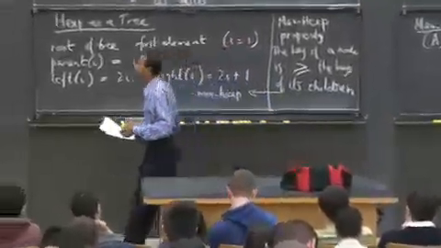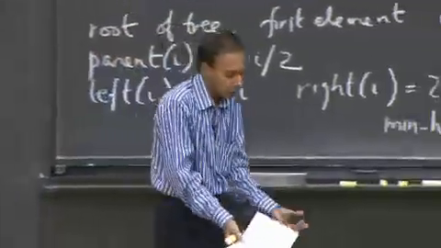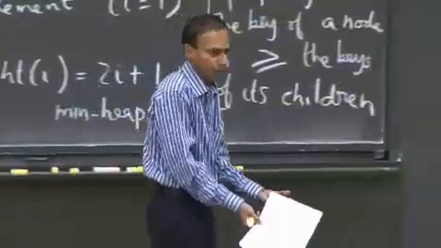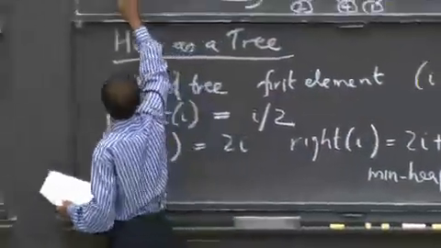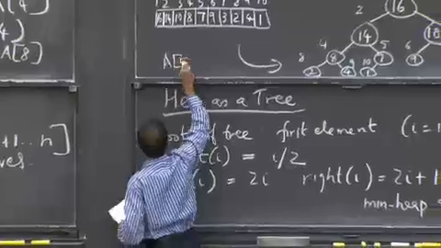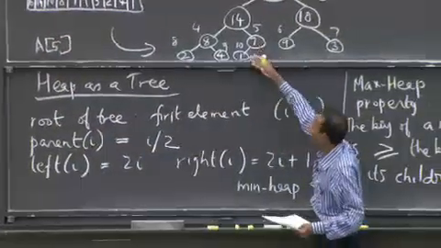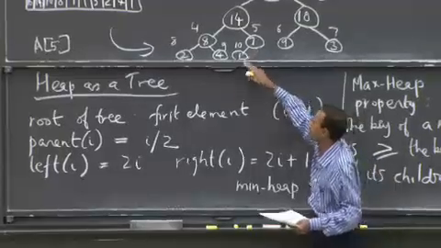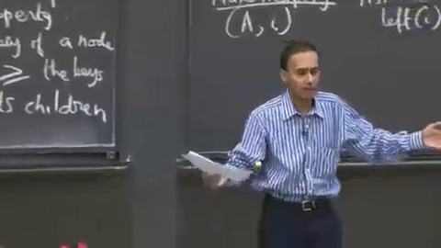When you start with n over 2, you're going to see 2 leaves as your children for the n over 2 node. Just pick an example here. N over 2 is A of 5. And in this case, depending on the value of n, you may have either 2 children or just 1 child. But regardless of that, that's going to be a max heap because it's a leaf.